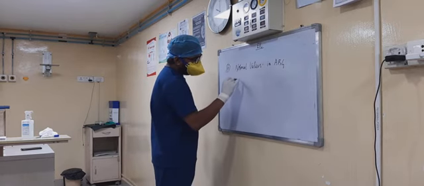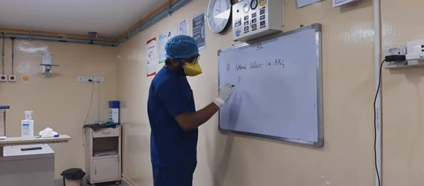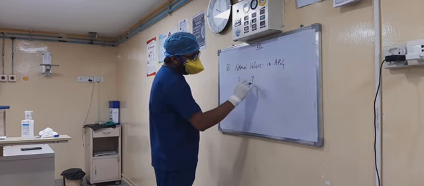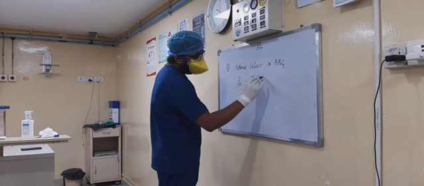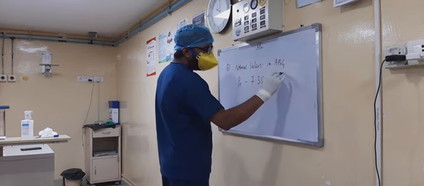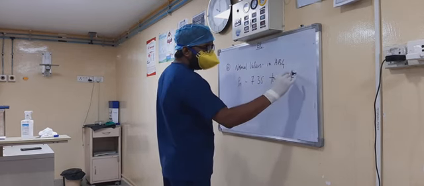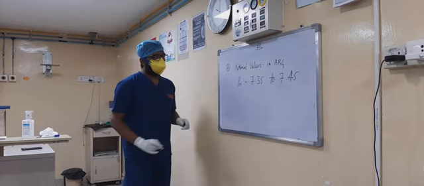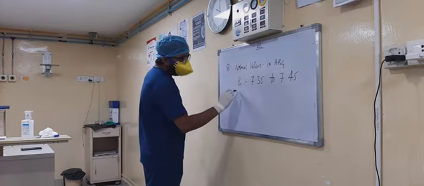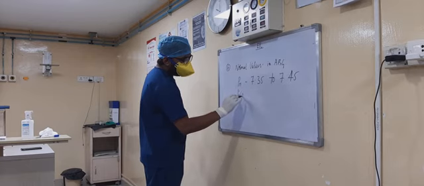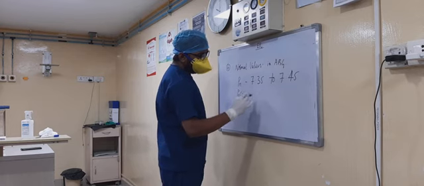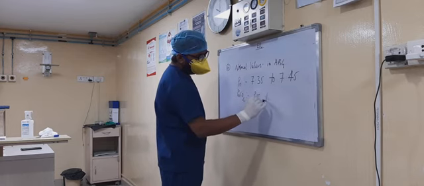First thing is pH. Normal pH is 7.35 to 7.45. Okay, this is the normal pH value. Okay, what is the normal PaCO2 value? 35 to 45.